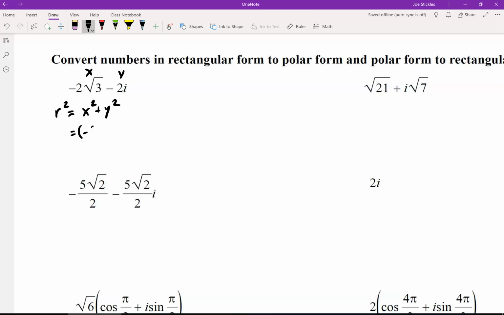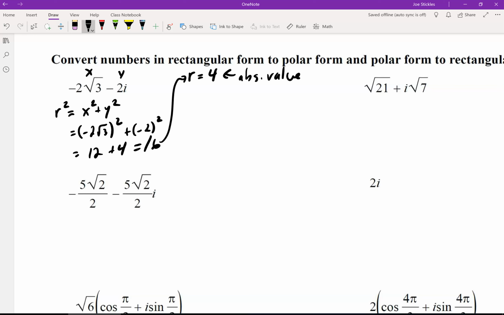The x is negative 2 root 3, and the y is negative 2. This gives me 4 times 3 gives me 12, plus 4, I get 16. So that tells me my r has to be 4. Notice again that this is the absolute value of the number. So the r is the absolute value. The absolute value of a complex number here gives you the distance from the origin.